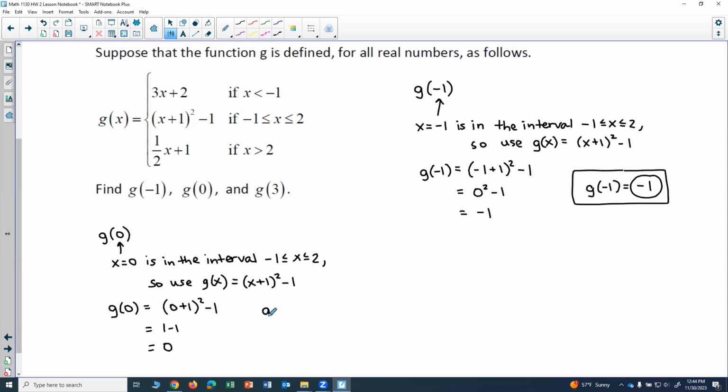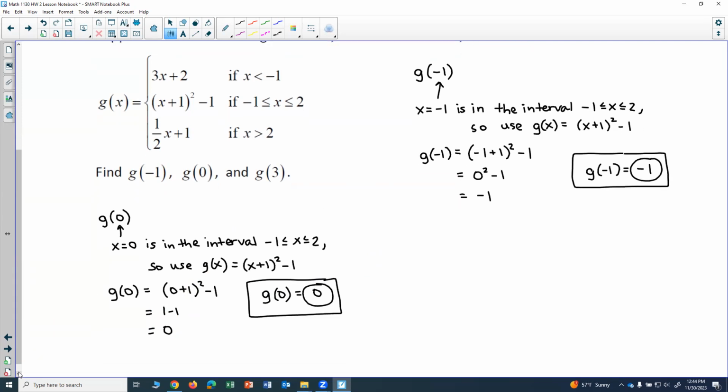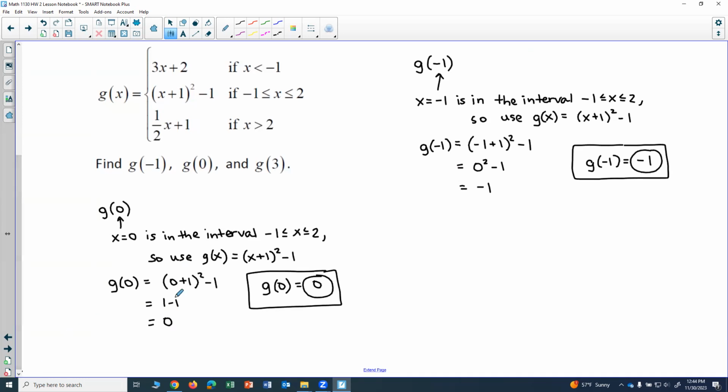So I would have g of 0 equals 0. Now in this example, notice the output happens to be the same as the input. That is just a coincidence. That is not always the case. So you would use whatever output you get as your final answer.